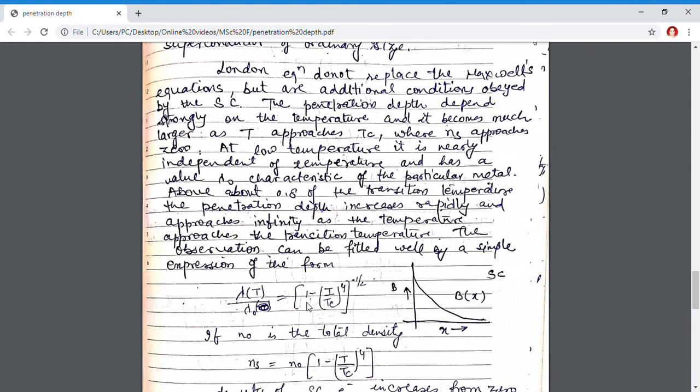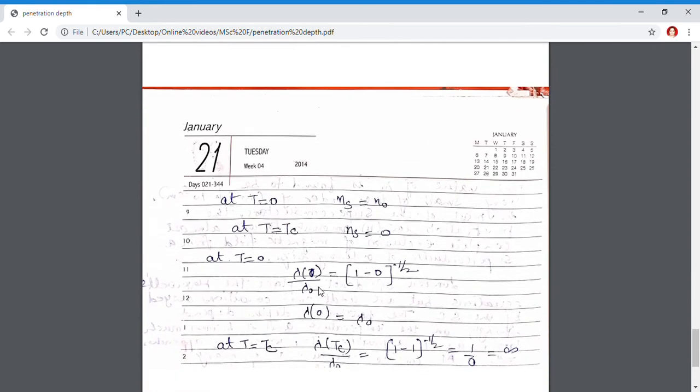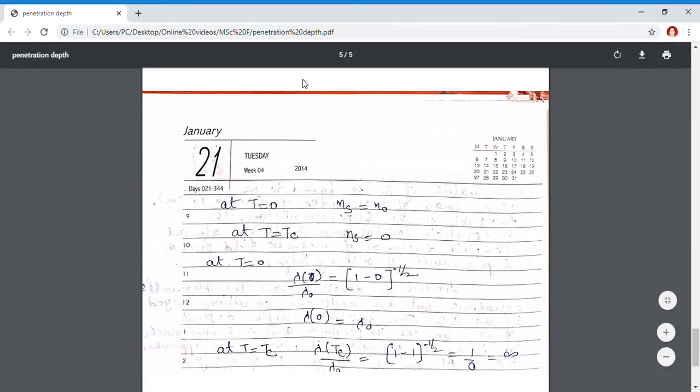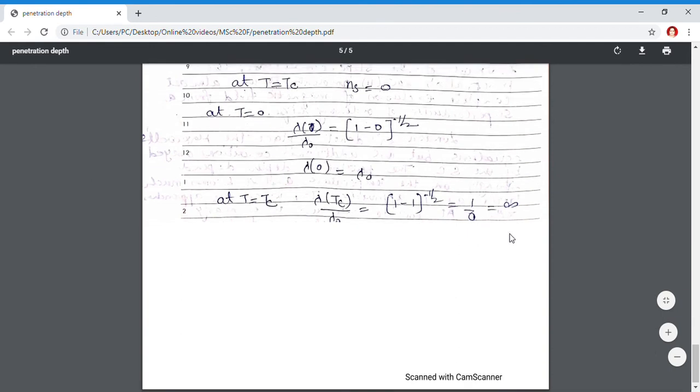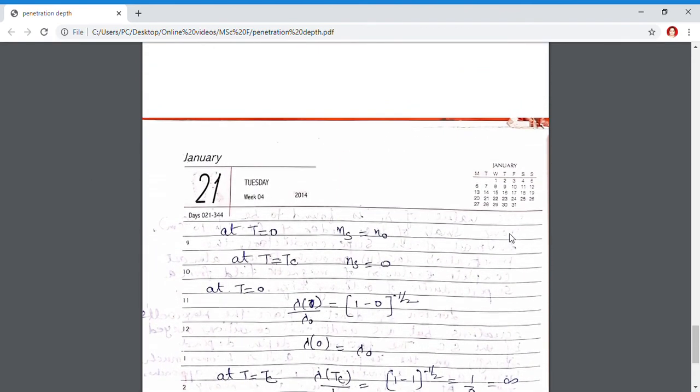Now I am putting T equal to Tc in this expression. Substituting the value of T equal to Tc, I got it to be equal to infinity. That means at T equal to Tc, the London penetration depth is infinite.